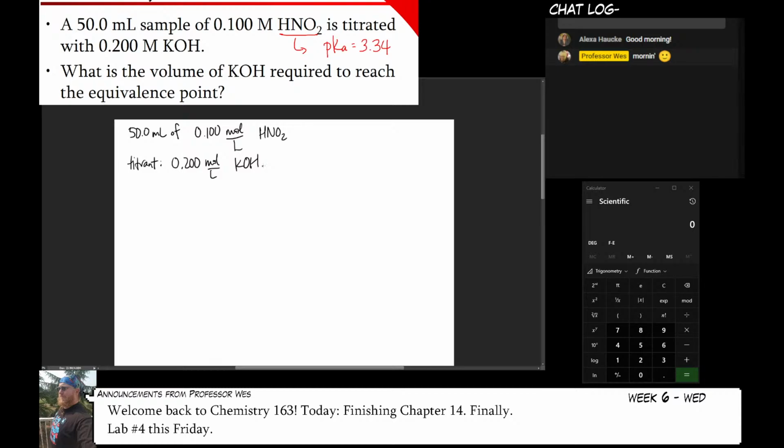So what is the volume required to reach the equivalence point?